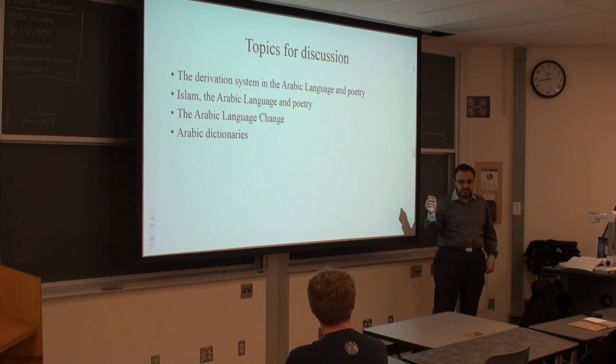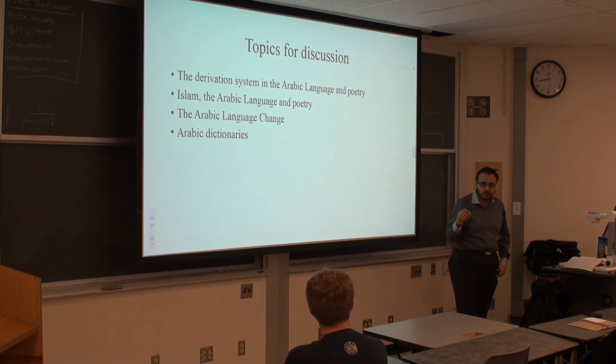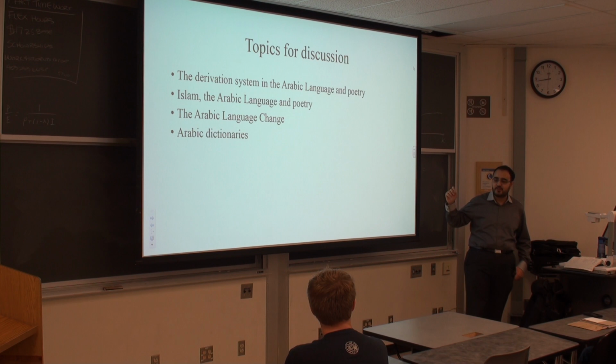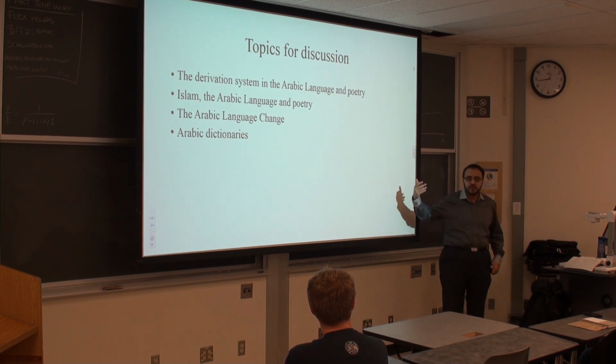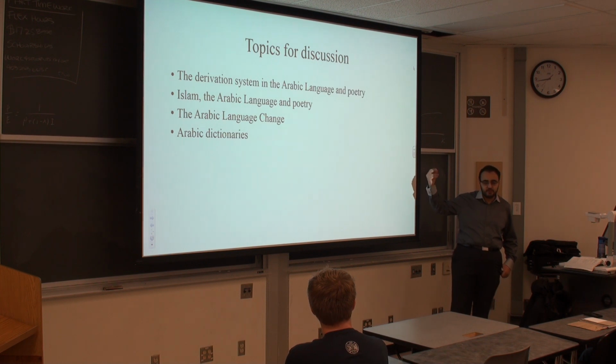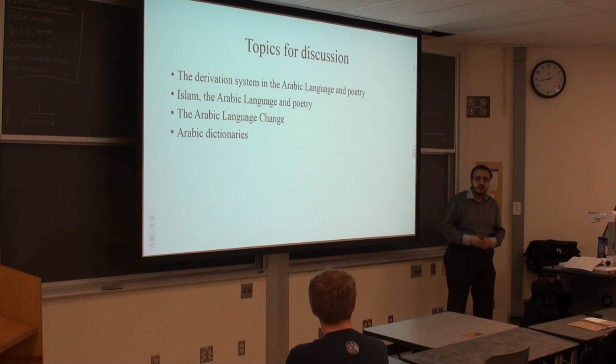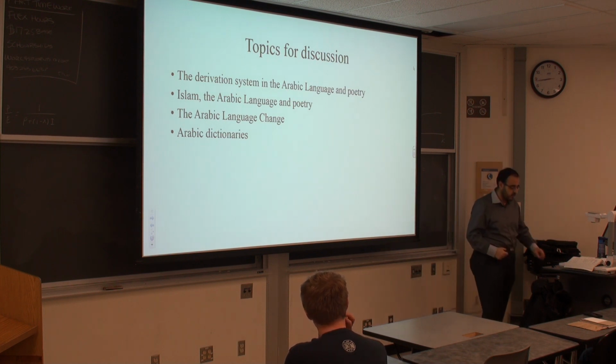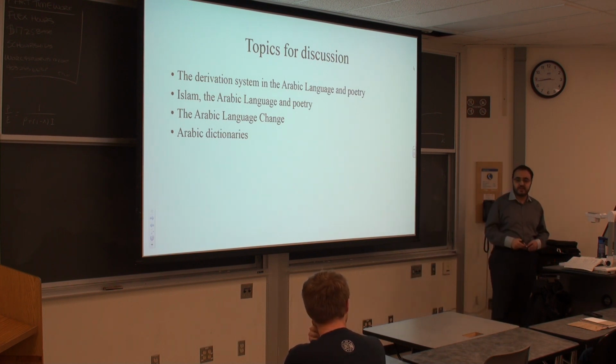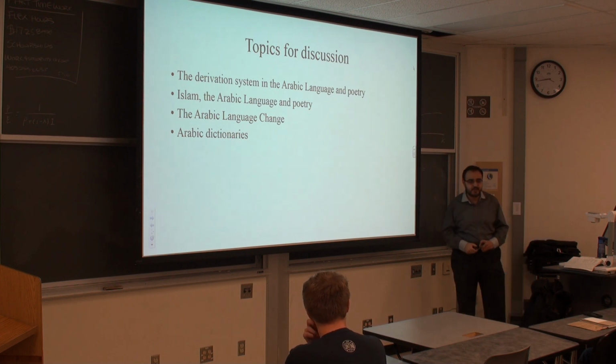It will depend on the dictionary, but they will usually be grouped. So let's say they'll start with a form 1 verb, for instance, and under form 1 verb you may or may not find some of the conjugations. We'll be talking about that in more detail when talking about verb conjugations.